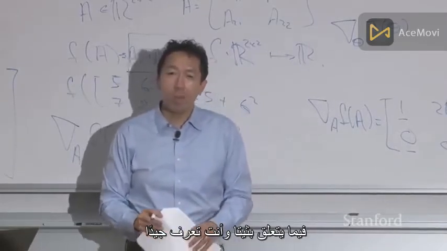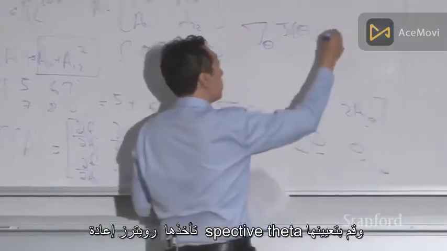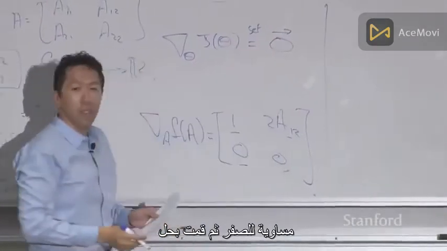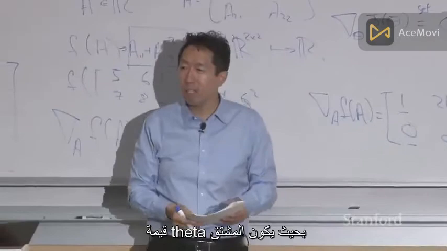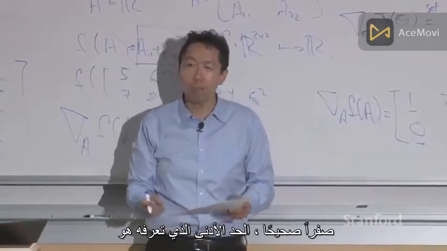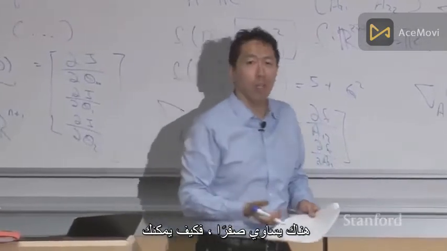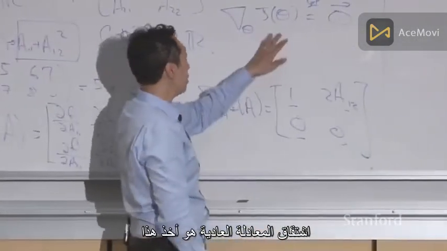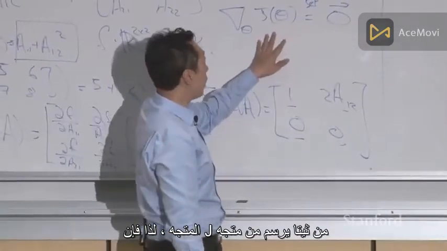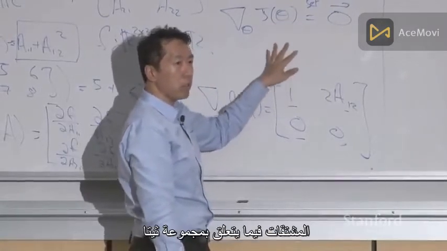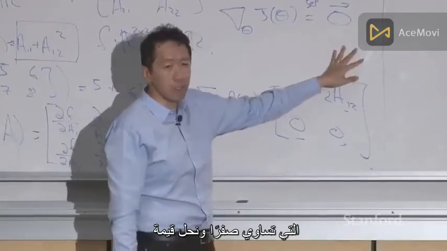How do you minimize the function? You take derivatives with respect to theta and set it equal to 0, and then you solve for the value of theta so that the derivative is 0, because the maximum or minimum of a function is where the derivative is equal to 0. So J of theta maps from a vector to a real number; we take derivatives with respect to theta, set the derivative equal to 0, and solve for theta.